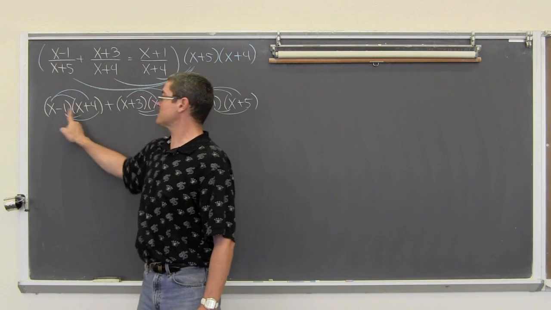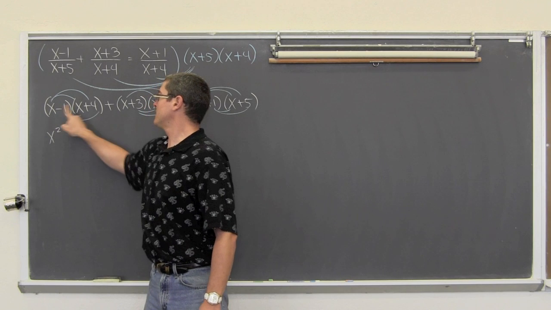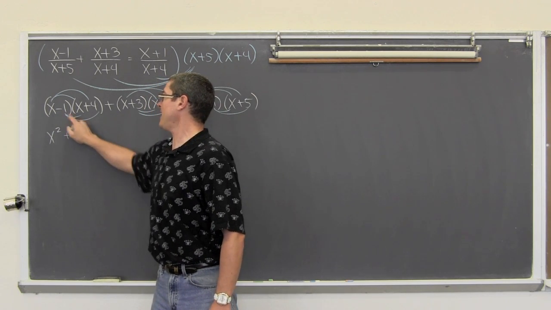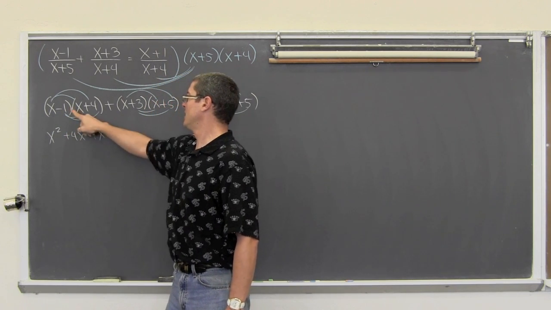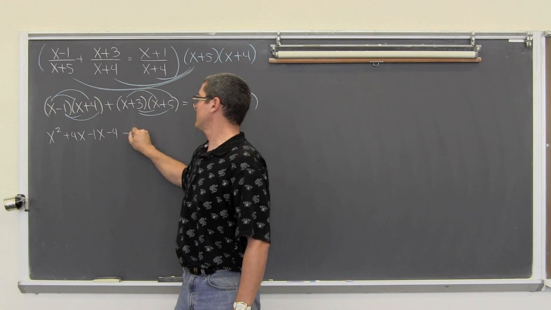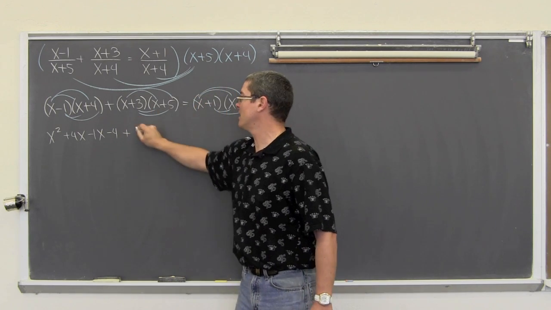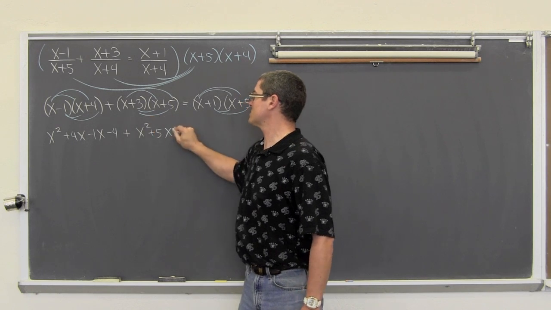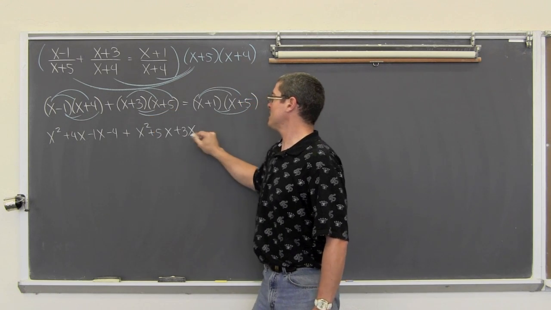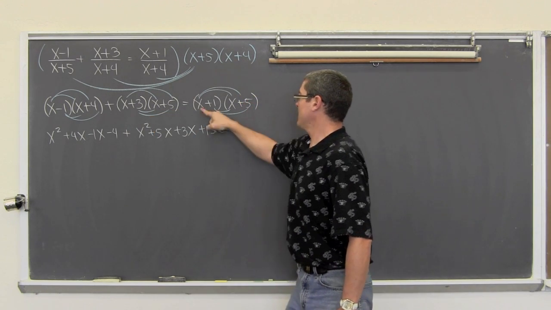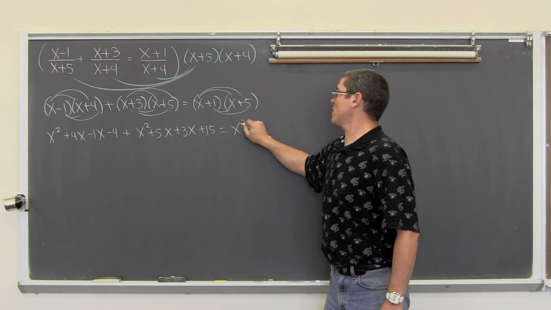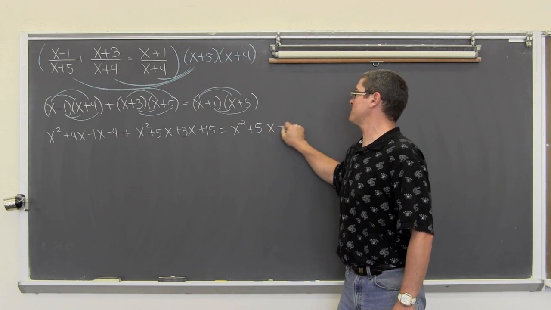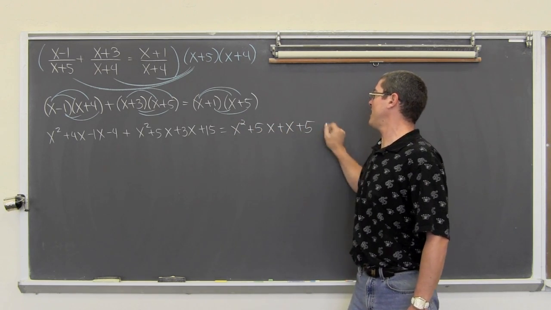So we have x times x is x squared, then we have 4x and negative 1x, and then minus 4, plus x times x is again x squared, 5x, plus 3x, plus 15, and then x times x is x squared again, plus 5x plus x plus 5.